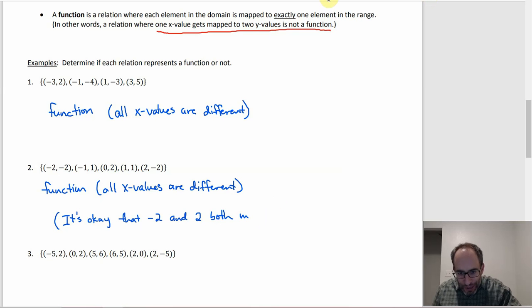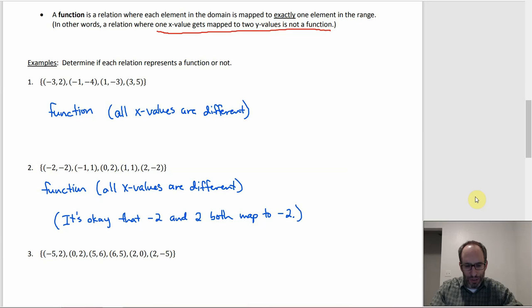That's what I'm trying to write here. So both map to -2. That's fine. It's still a function. It's also okay that -1 and 1 both map to 1. So that's okay.